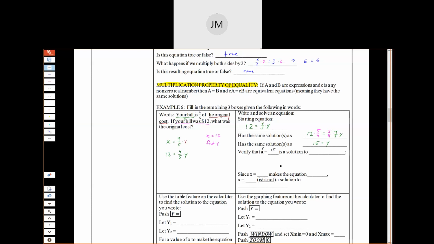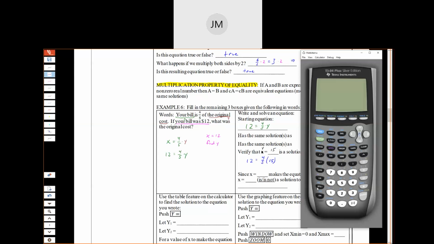So let's verify that y equals 15 is a solution to 12 equals 4/5 y. Okay, so what I'm going to do is plug in. I'm going to say, okay, 12 equals 4/5 times 15. And I'm going to get out my calculator to do mental math on this one too.